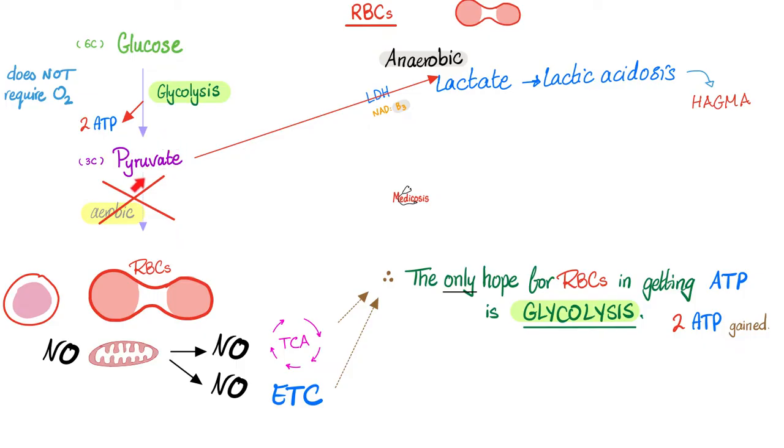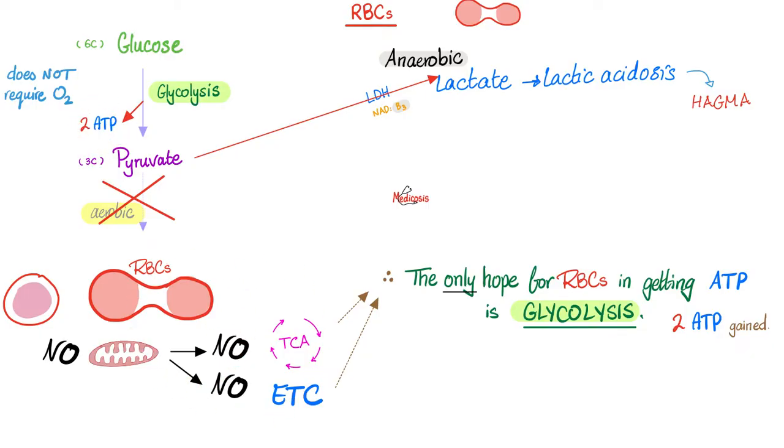No. Do you think the red blood cell can perform the TCA cycle or the electron transport chain? No. Therefore, the only hope for your red blood cells to get some energy is through glycolysis, which does not require oxygen. But hey, Medicosis, this will yield me only 2 ATP molecules, not 2 dozens or so.